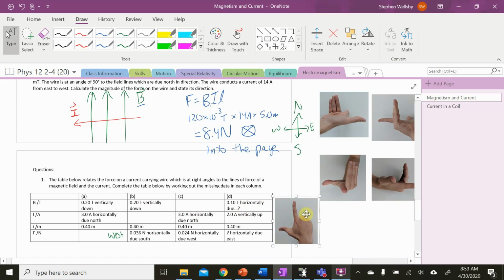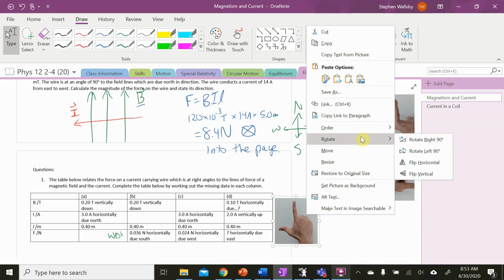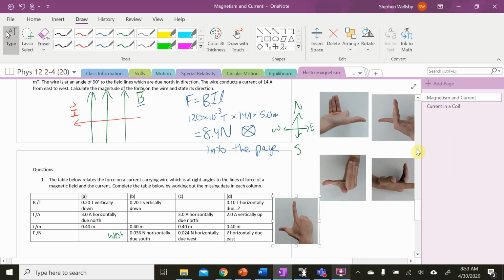But I need to make sure my thumb is pointing south. So I need to rotate this left by 90 degrees. And now you'll notice that the fingers are into the page, vertically down for my B field. My force is pointing south with my thumb, and the current is being pointed out by my index finger. And so this is also going to be west.